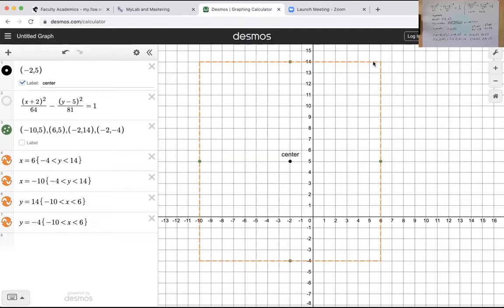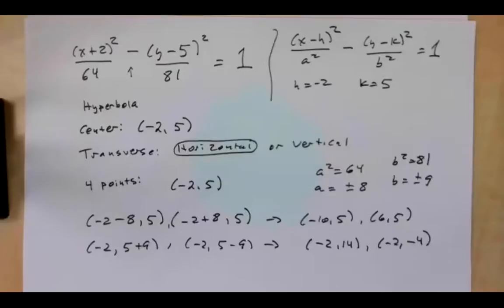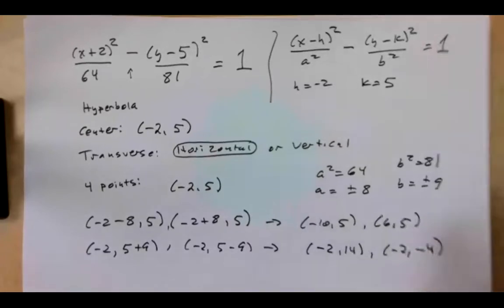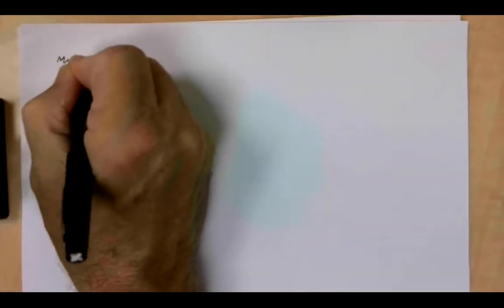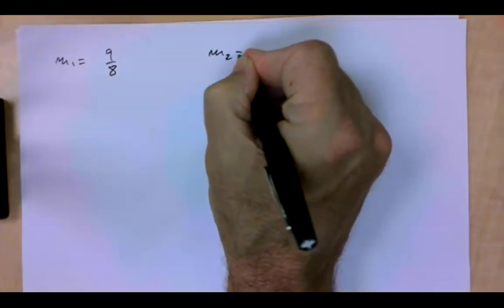So we get a slope of 9/8. And the other one, down 9 over 8, the other slope is -9/8. So for our 2 asymptotes, our first slope is 9/8, and our second slope is -9/8.